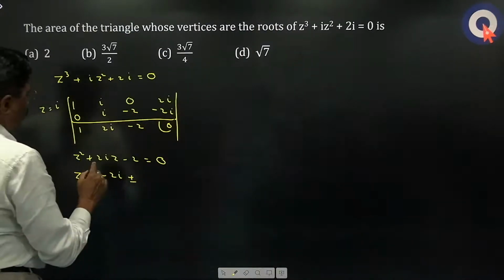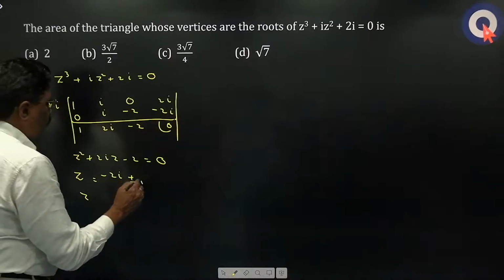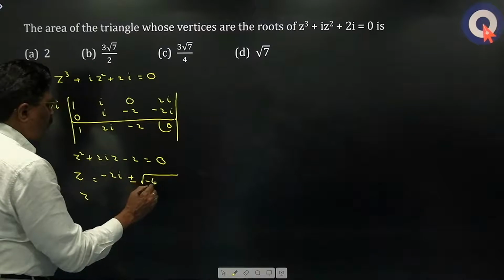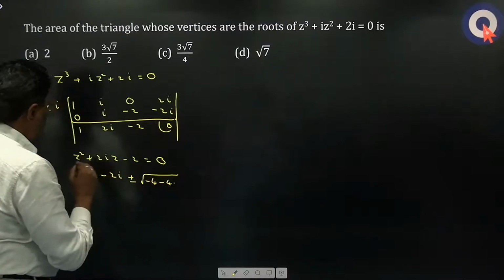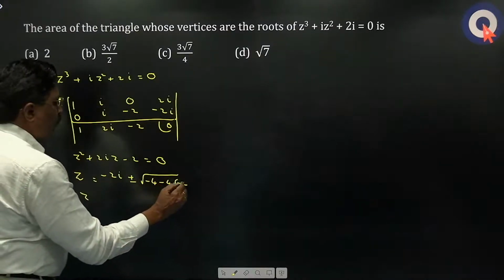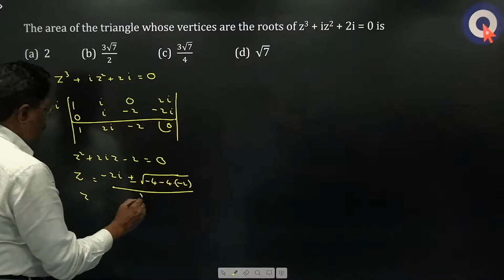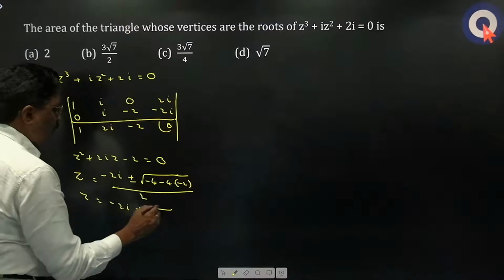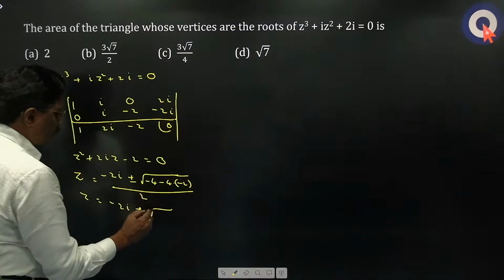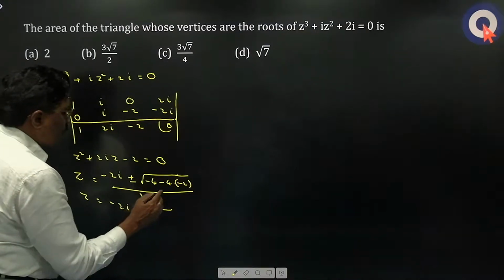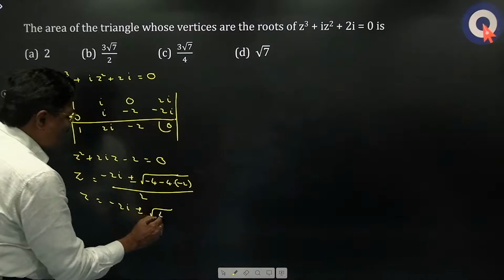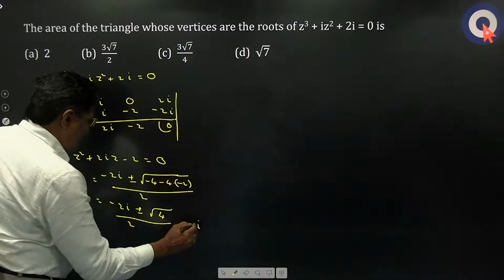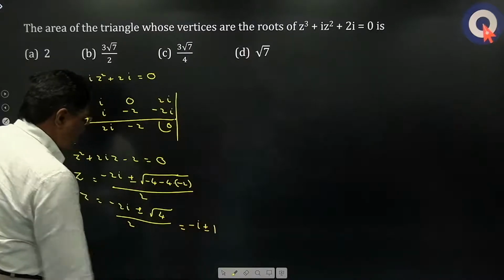Yeah. So minus 2i plus or minus root of b square, which is 4i square, which is minus 4, minus 4ac, which is minus 4 times minus 2, by 2a. So this is minus 2i plus or minus root of 8 minus 4. You get 4 here by 2. All right. So this is minus i plus or minus 1, right?